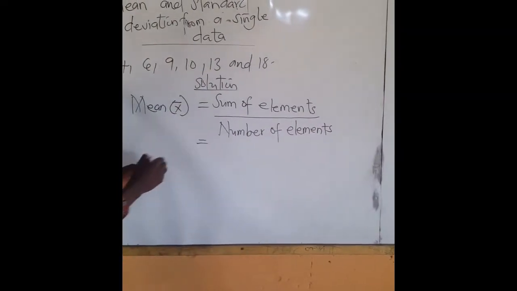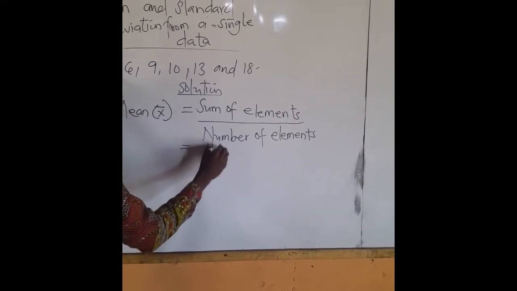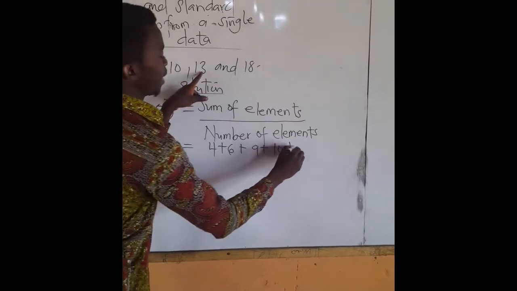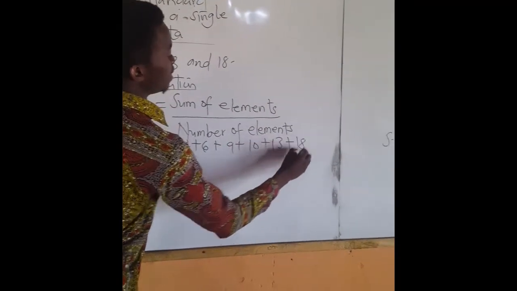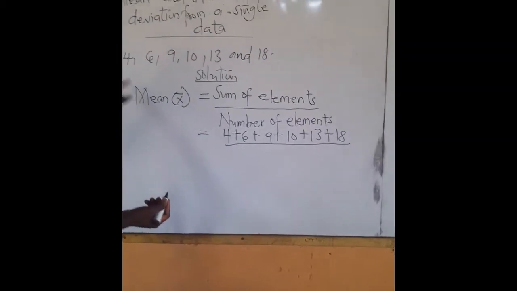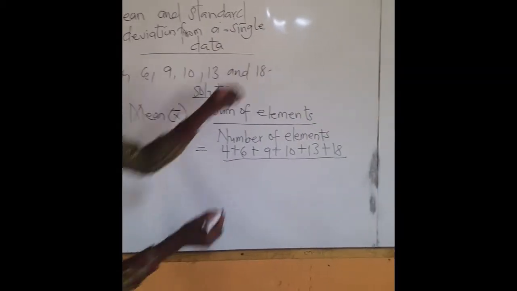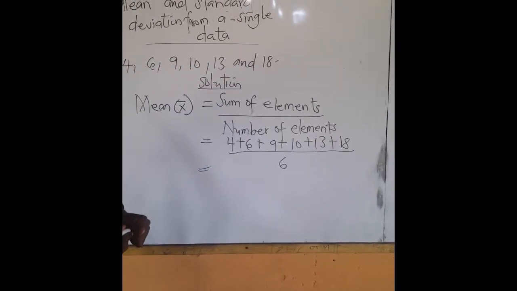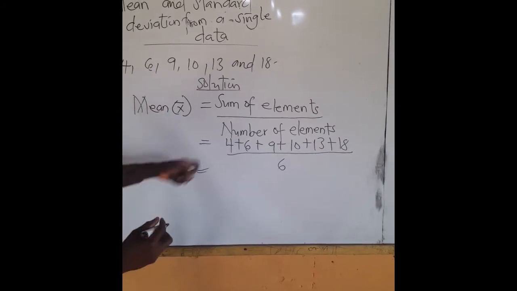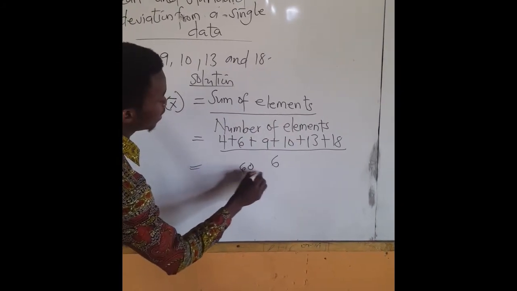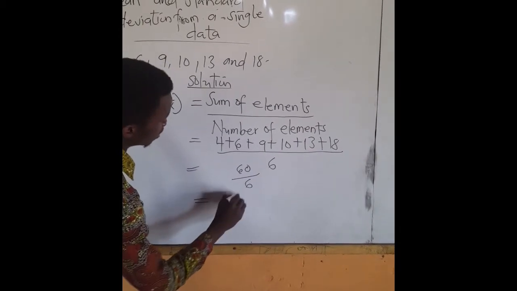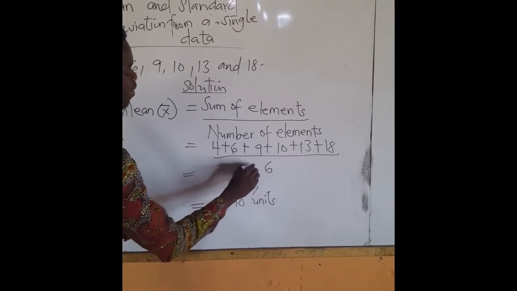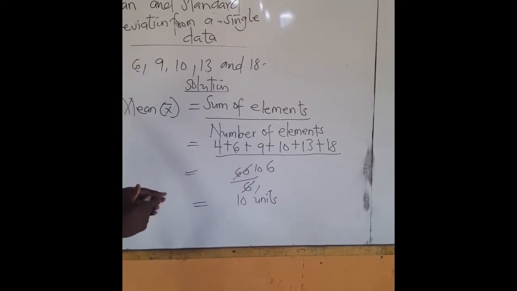So we are going to have our sum to be 4 plus 6 plus 9 plus 10 plus 13 plus 18, all over the number of elements, 1, 2, 3, 4, 5, 6. So when you add these numbers, you are going to get 60 divided by 6, and this is going to give us 10 units. This is because 6 goes into 60 ten times. Okay, so we finish with the mean.